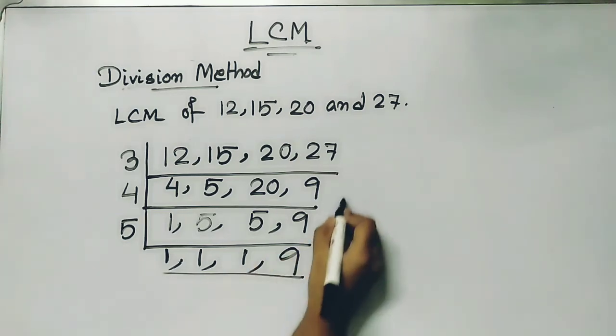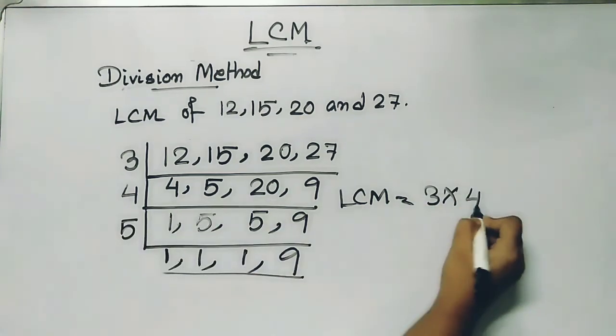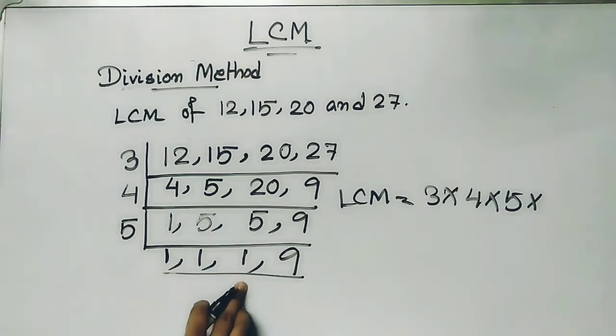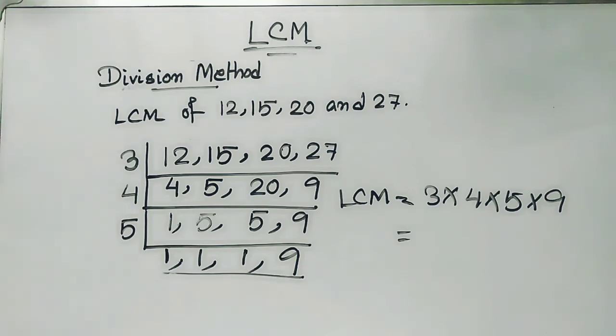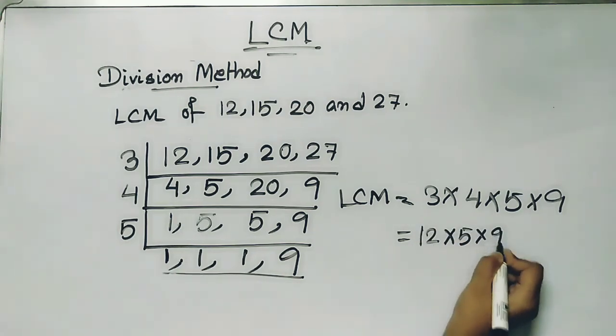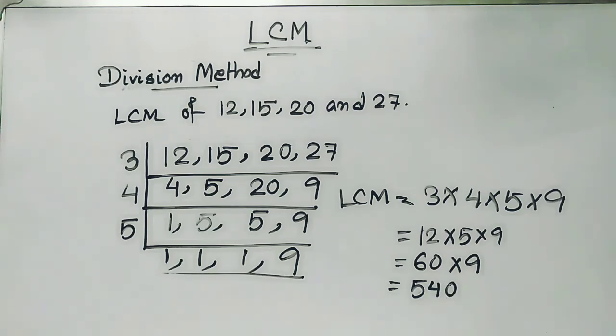So LCM will be 3 into 4 into 5 into 1 into 1 into 1 into 9. It is not necessary to write the 1s. So we will calculate this multiplication and we will get our answer. So 3 4s are 12, into 5 into 9. 12 5s are 60, into 9. And 6 9s are 54 and 0. So the LCM will be 540.